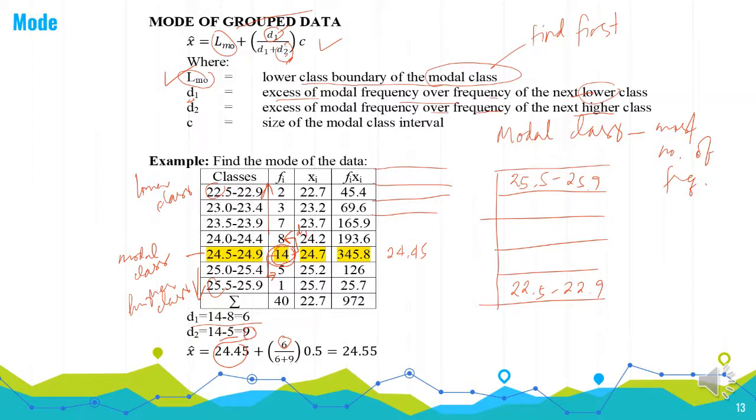So it is 6 over 6 plus 9, that is 6 over 15, times 0.5 for C. You can get C anywhere, just subtract two classes, and you get 0.5. It is the same everywhere, it cannot differ. So we get 24.55.